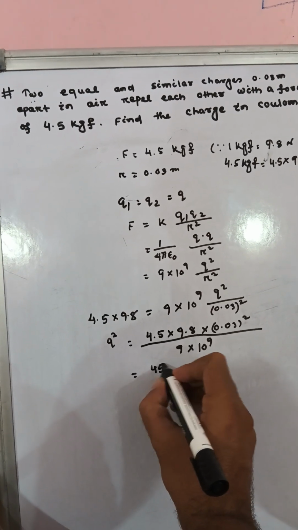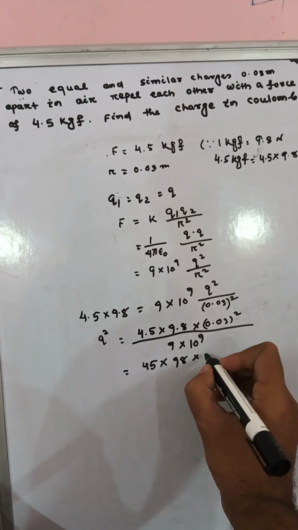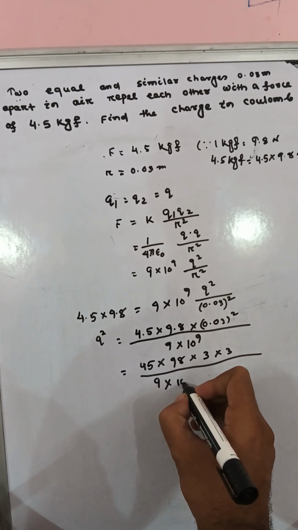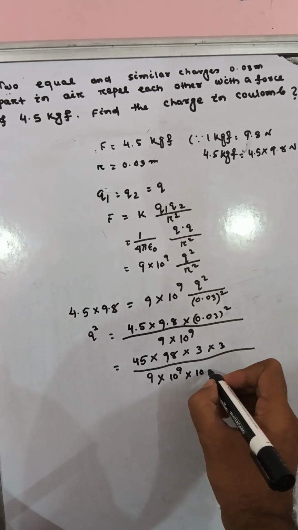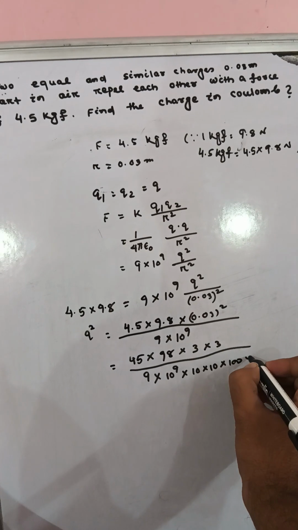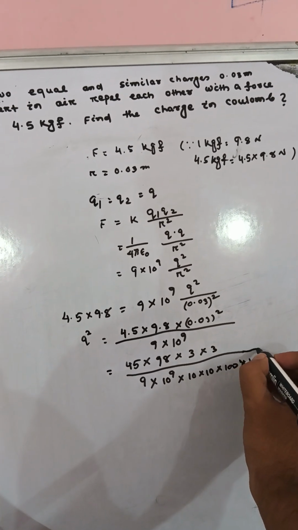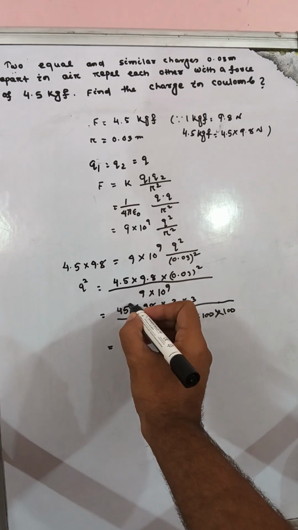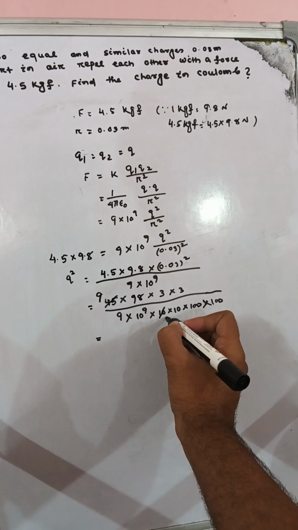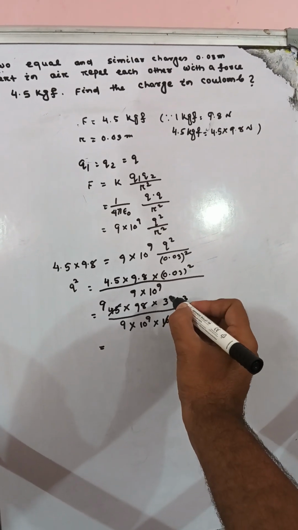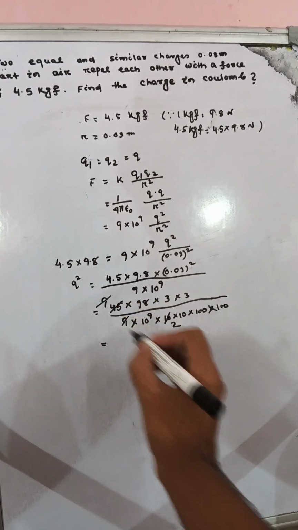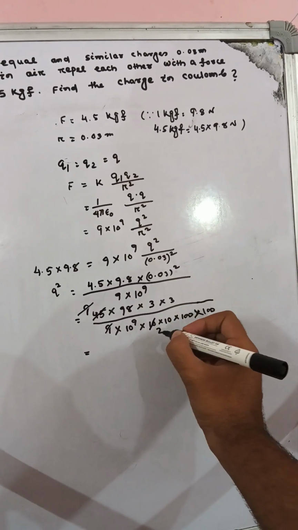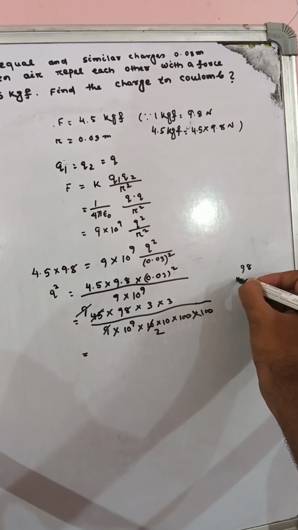Then 45 into 98 into 3 into 3 divided by 9 into 10 to the power 9 into 10 into 10 into 100 into 100. Then 9 will be cancelled.